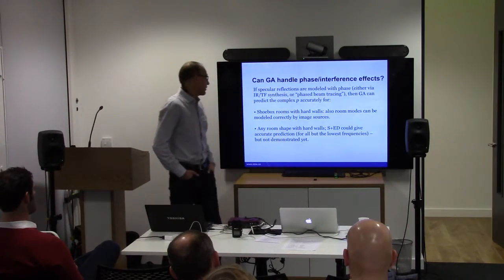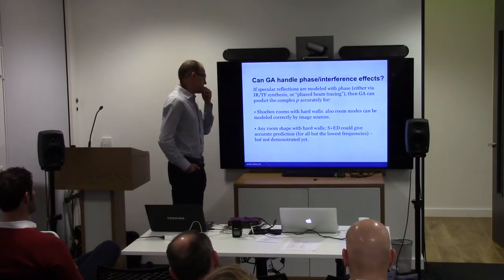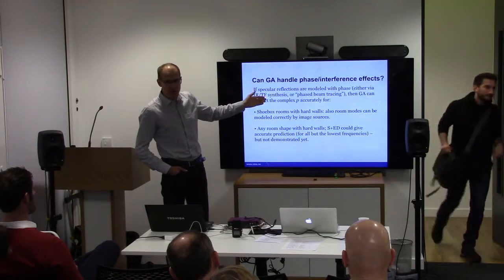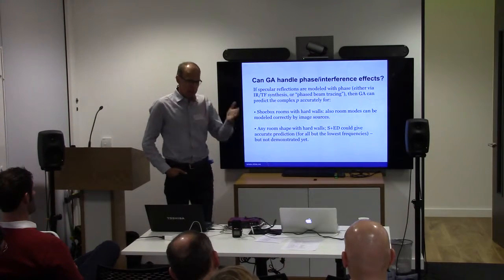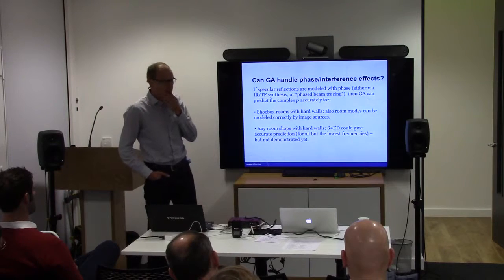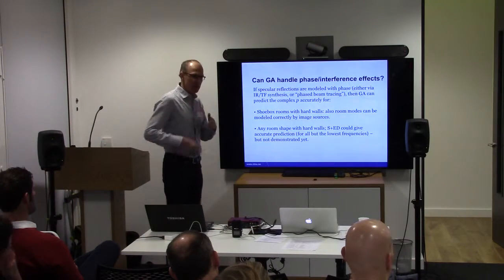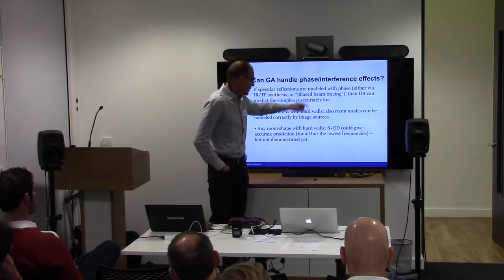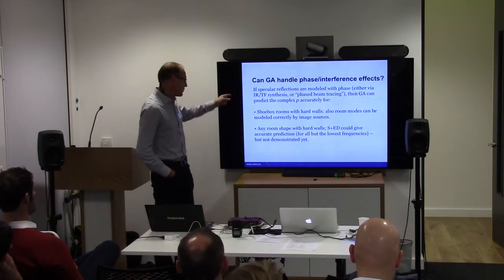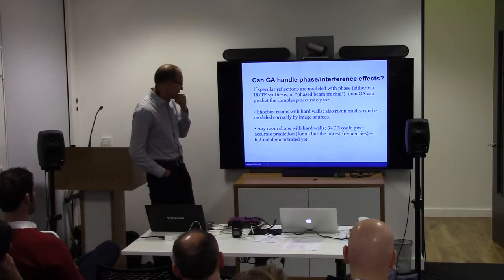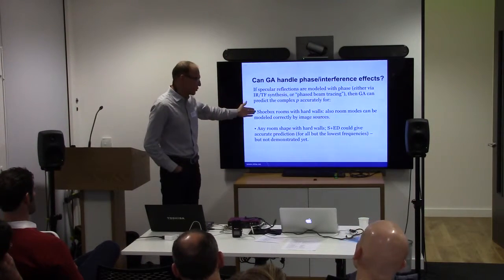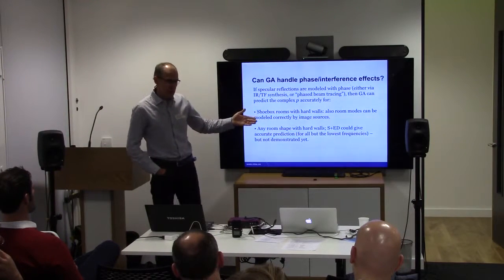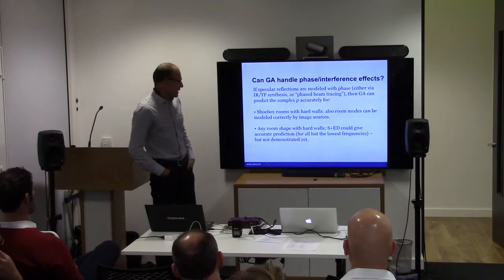So, if specular reflections are modeled with phase, which can be done either via impulse response or transfer function synthesis, which has been used by Odeon and CATT-Acoustic since the early 90s, I guess, for auralisation purposes, or what has been called phased beam tracing, then geometrical acoustics can predict complex sound pressure for some cases, like a shoebox room with hard walls. If we have rigid walls, then the image source solution is exactly the same as the modal solution.